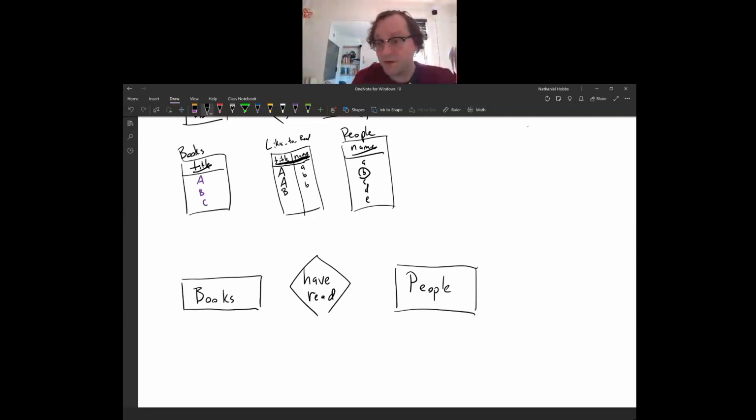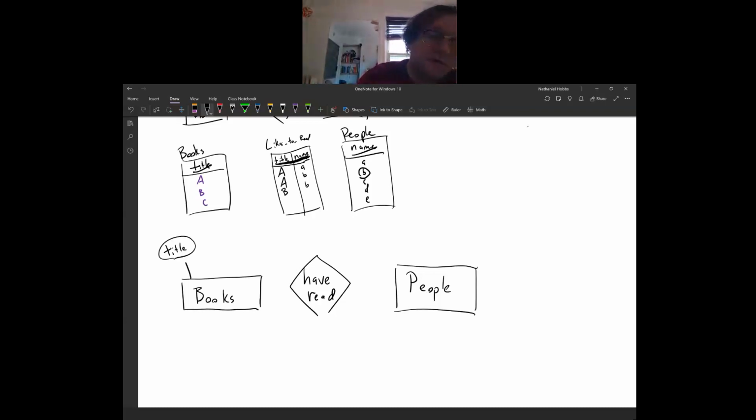Okay, so this is going to be about books that have been read by people and people who have read certain books. So books, this is going to have a title, it's not a social security number. What's it called for books? The unique identifying, ISBN, that's it.